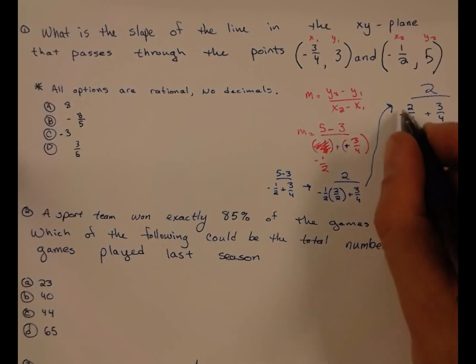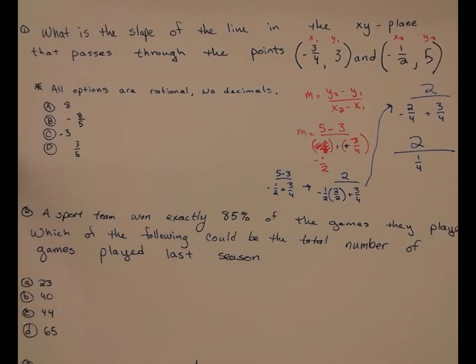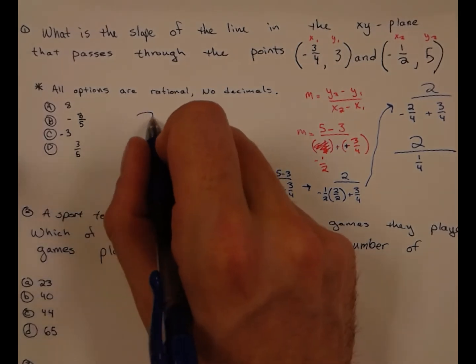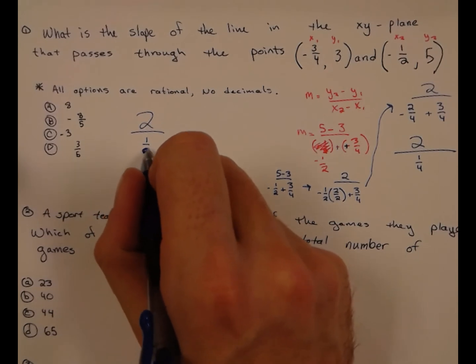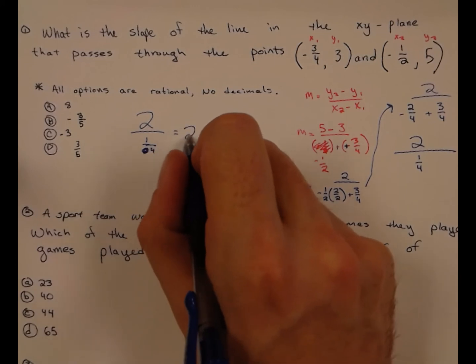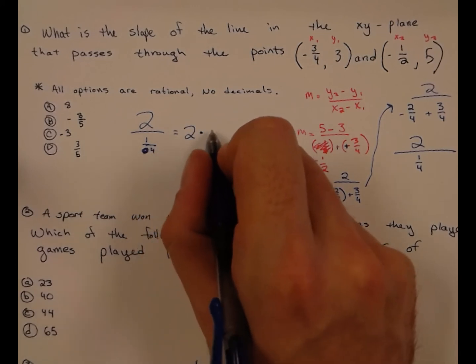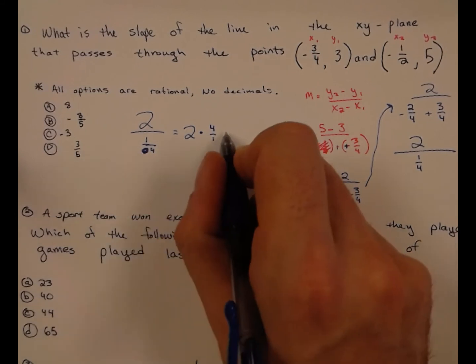and here is the bit that I wanted to get to, 2 over 1/4. When we have a fraction in a fraction, we can take the numerator, which is 2, and multiply that by the reciprocal of the denominator.